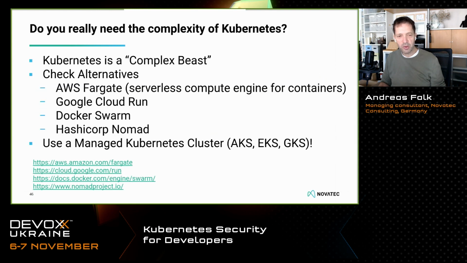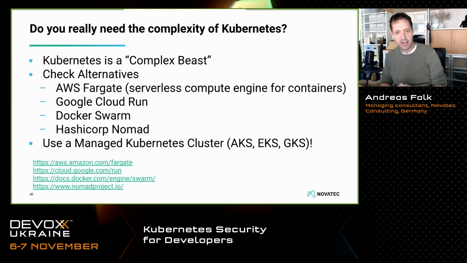So the next stage is Kubernetes security. And always my first slide before diving into security with Kubernetes is the question: do you really need the complexity of Kubernetes? I've seen lots of projects that just use Kubernetes because everybody now uses Kubernetes, but that is not a reasonable choice.